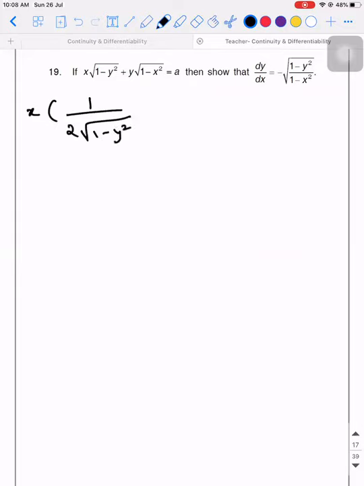X into 1 by 2 root of 1 minus y square into minus 2y into dy by dx. Correct? Plus root of 1 minus y square into derivative of x is 1.